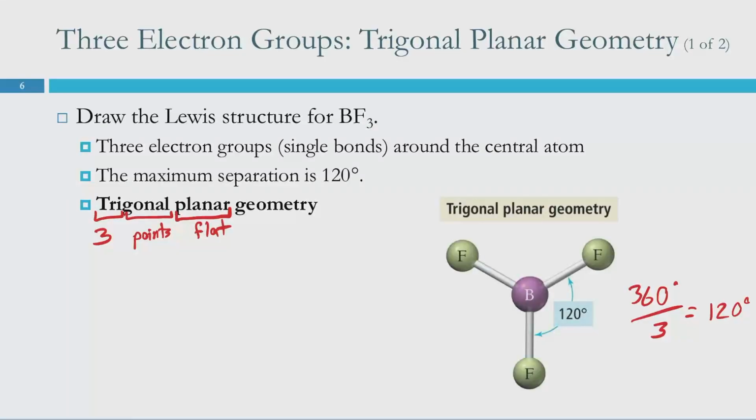We don't have lone pairs, and so they're the same. If we substituted in instead of one of these fluorines, if there was a lone pair, it would still be trigonal planar geometry for the electron geometry. Right. The molecular geometry would be a different shape because the electron group, the lone pair, wouldn't take up space. We'll get to that.